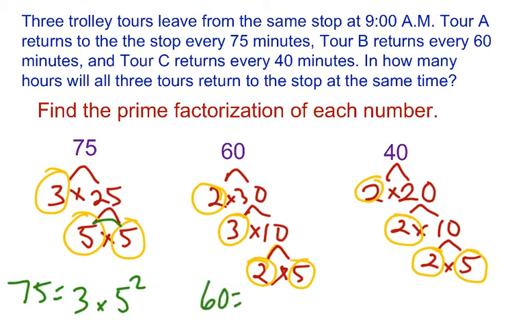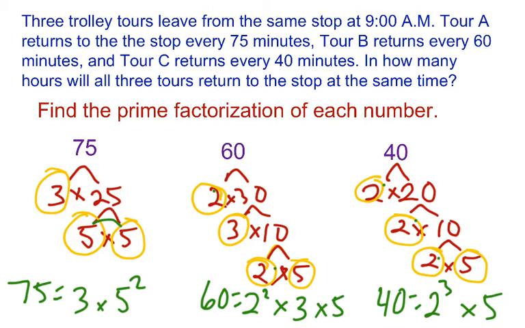I have my prime factorization of 60, which is 2 times 2, or 2 squared, in other words, 2 to the second power, times 3 times 5. And then I have my prime factorization of 40, which is 2 times 2 times 2, which is 2 to the third power, times 5.